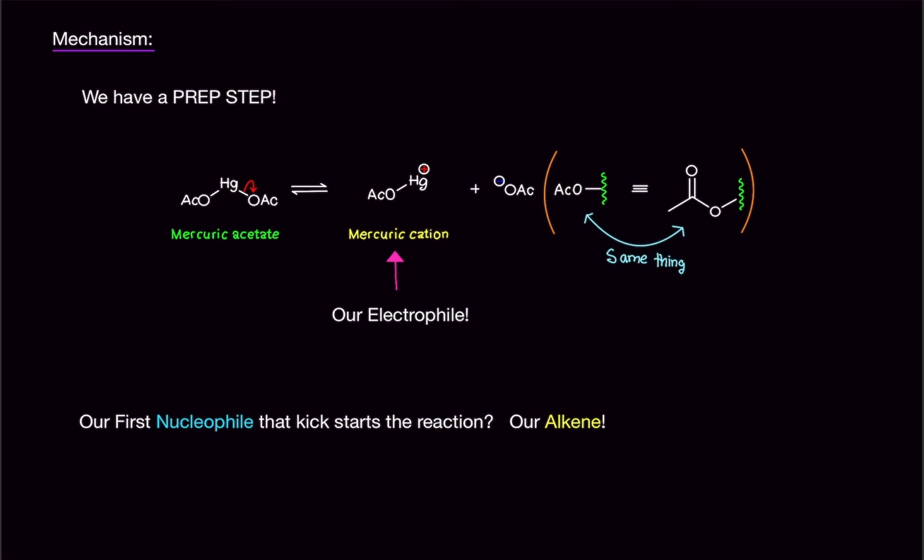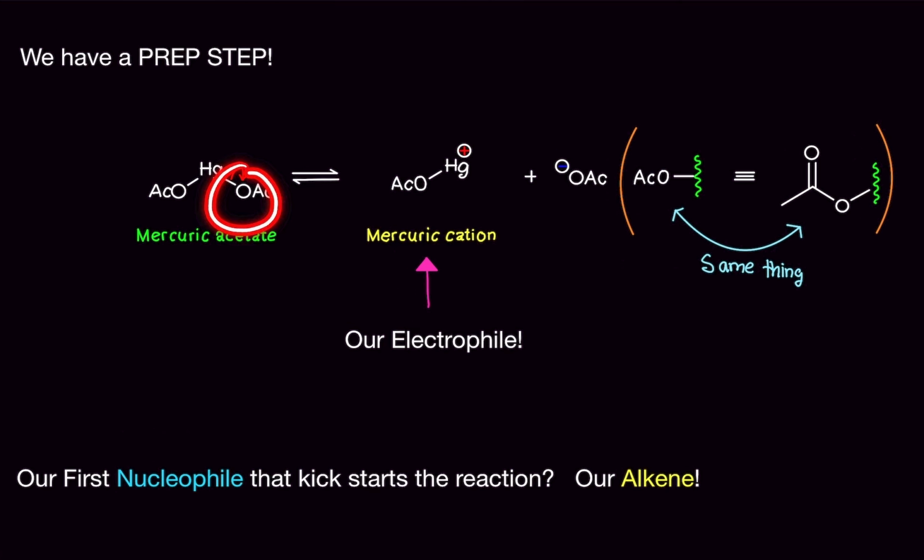This is our electrophile. So this one acetate breaks apart and it goes bye-bye. We don't care about it. It leaves. We are left with this mercuric cation. It has a positive charge, which, positive charges are great electrophiles. It's fantastic.